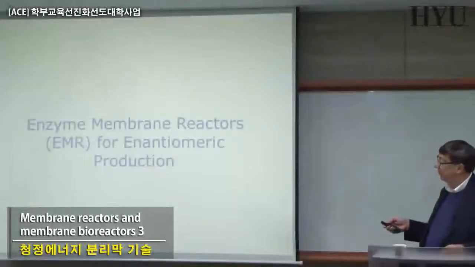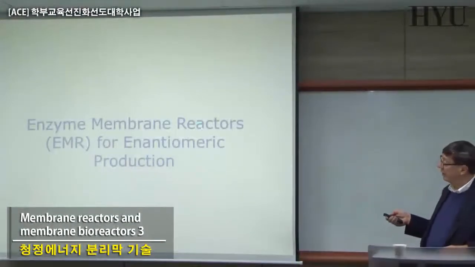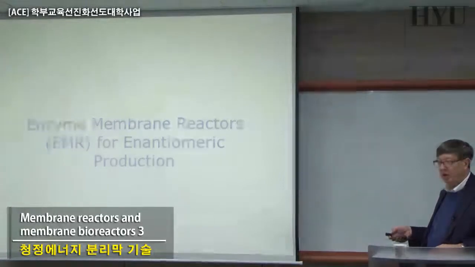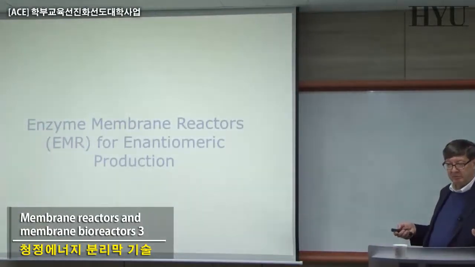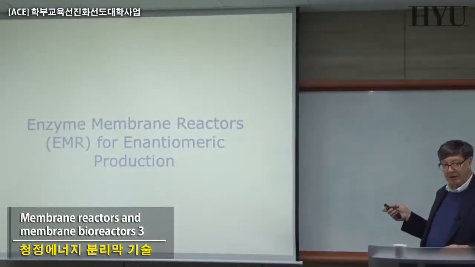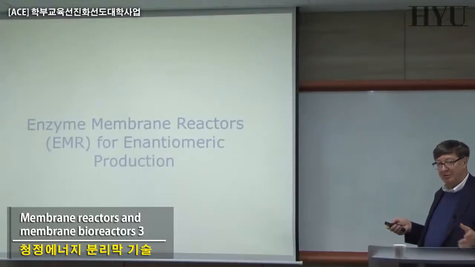I've already mentioned that enantiomeric production is becoming today a very important area of research, and you can be very careful. By law it is controlled very much in the pharmaceutical area, but the same problem exists also in food.